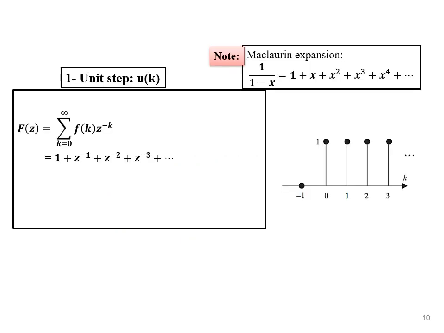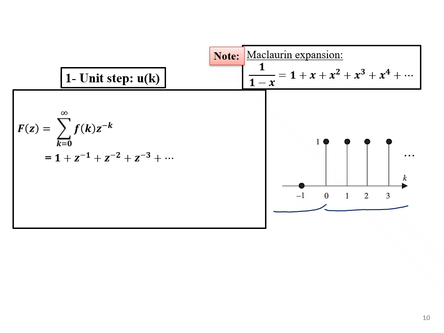Now we will discuss the z transform. We need to obtain the z transform of a unit step function. For a unit step function, all the samples are equal to 1 for 0, 1, 2, 3, and so forth, and before time 0 it is equal to 0.